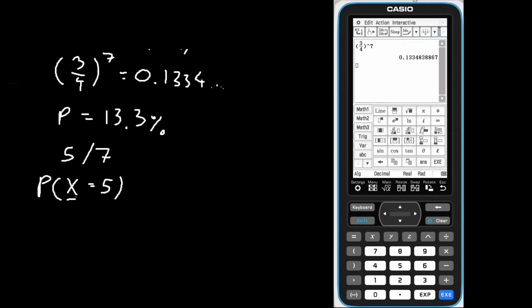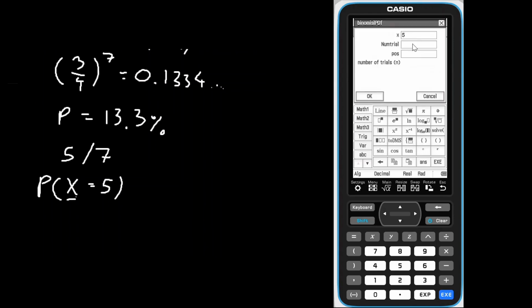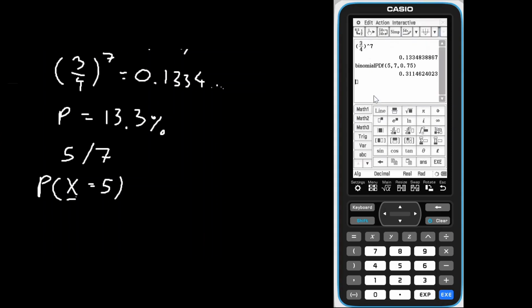So there's 7 trials, and there's going to be 5 successes. We want 5 of them to be successful, out of 7, and the probability of success is 0.75.